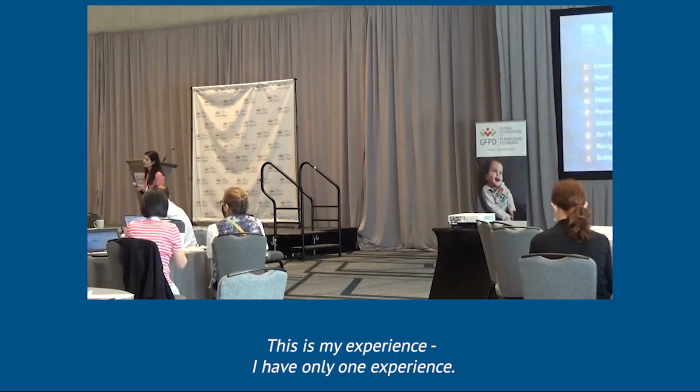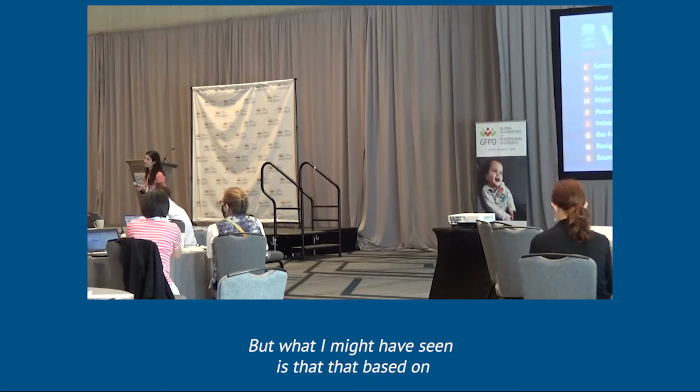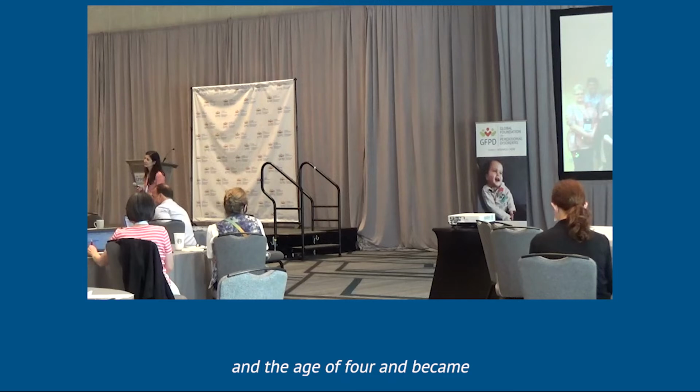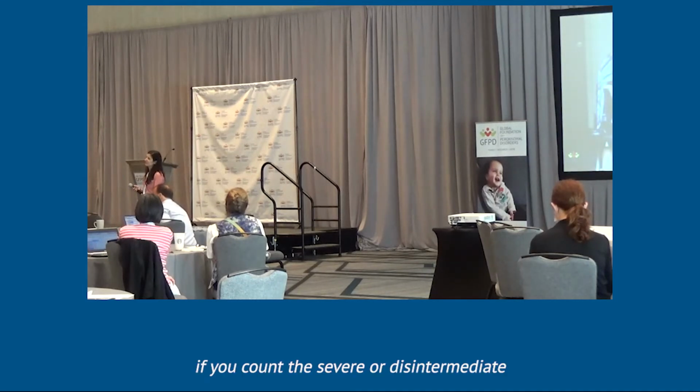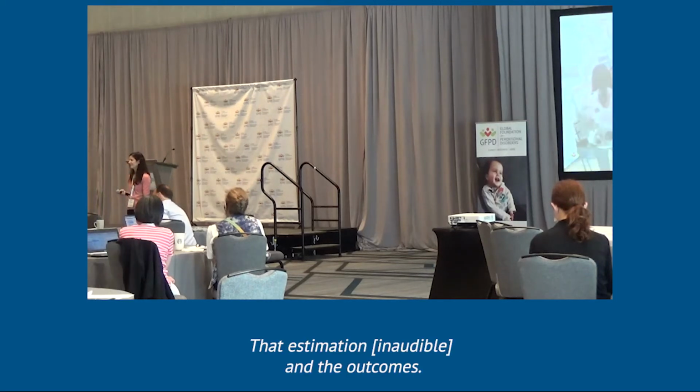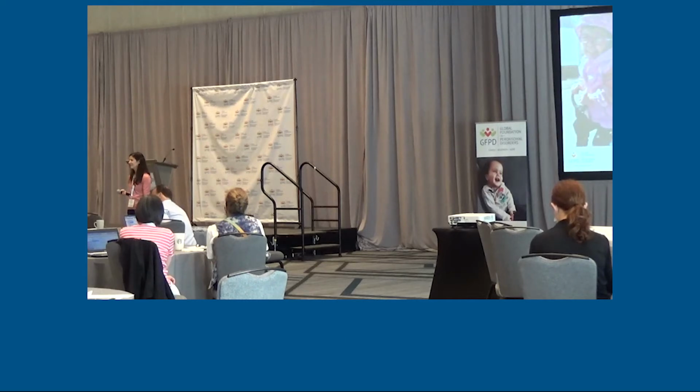I have only one experience, but what I have seen is that based on your definition, probably one patient is mild at the age of 4 and will become severe or at least intermediate. So probably using time horizon and some panel estimation, not cross-sectional, may help.